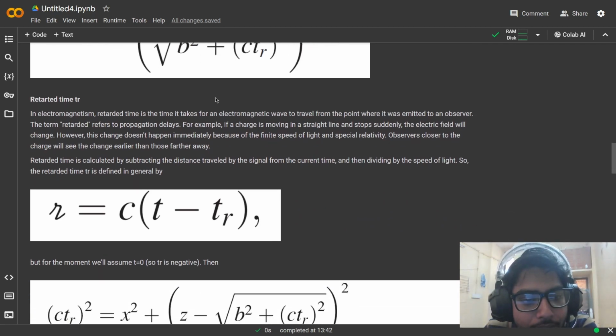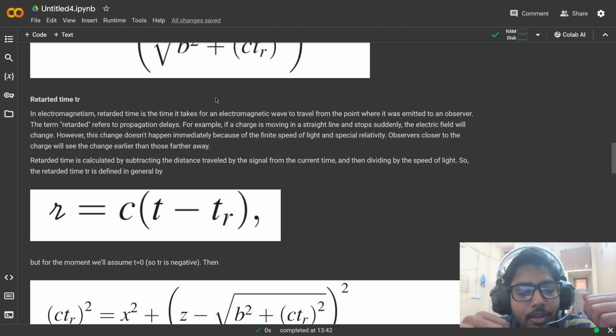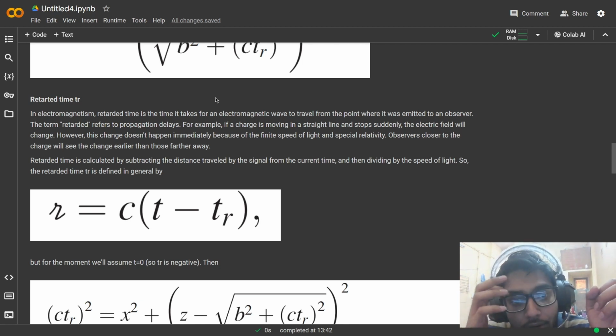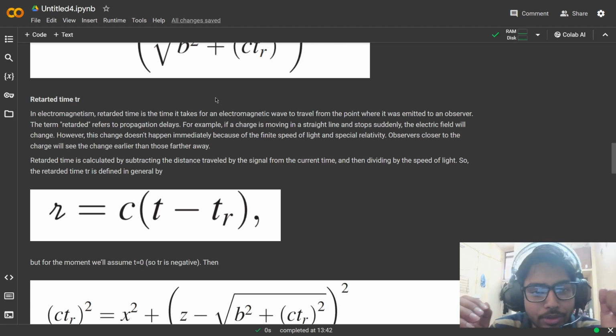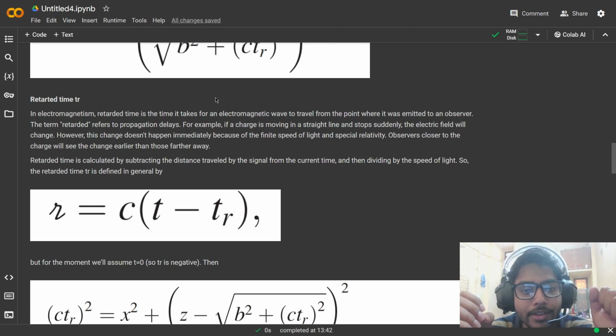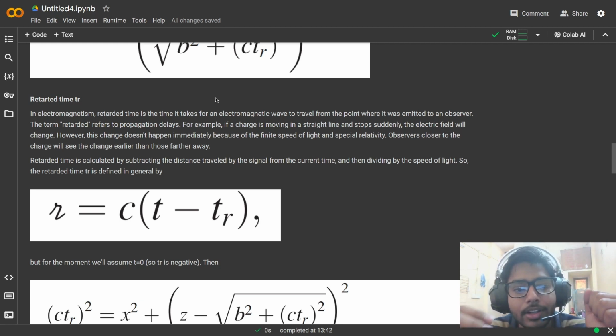Retarded time means, in electromagnetism, there is a source and an observer, and it is the time delay of observing a particular wave. There is a source which emits some electromagnetic radiation, and it reaches the observer after a time delay.